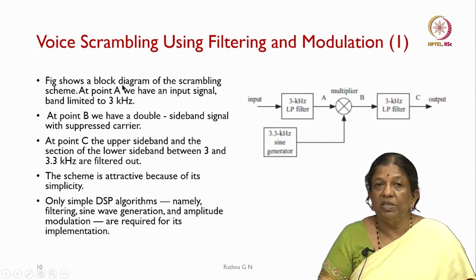So, what it shows is scrambling. At point A, we have an input signal band limited to 3 kilohertz, and at point B, we have a double sideband signal with suppressed carrier basically, and then at point C, the upper sideband and the section of the lower sideband between 3 and 3.3 kilohertz are filtered out.